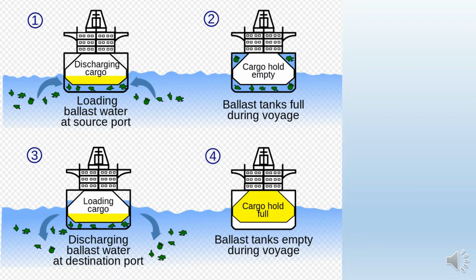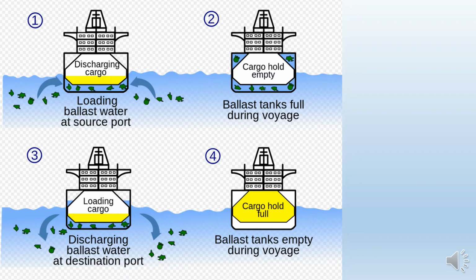So to avoid these unbalancing circumstances, there is a system which prevents this kind of scenario, and that system is called the ballast water system. It is very intelligent and magnificently designed to make the ship stable. This is very important, as it is related to the stability of the ship.